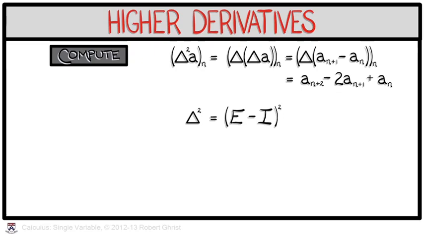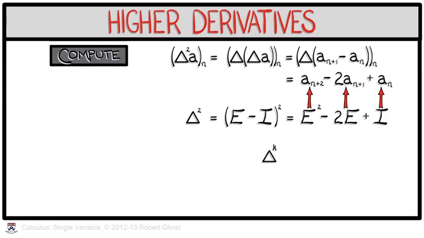Well, if we rewrote the difference operator as E minus I and square that, then using the algebra of operators and simplifying according to what I does, we obtain E squared minus 2E plus I. That's simple.